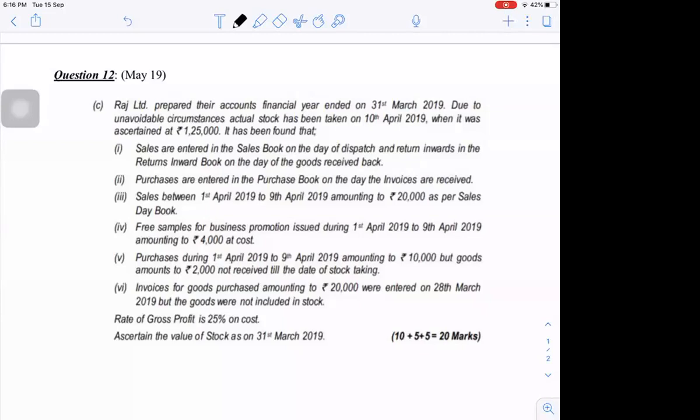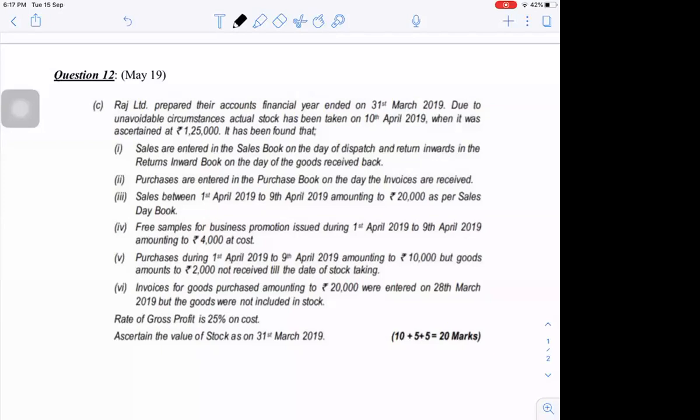Sales between 1st April 2019 to 9th April 2019 amounting to rupees 20,000 as per sales day book. Free samples for business promotion issued during 1st April 2019 to 9th April 2019 amounting to rupees 4,000 at cost.